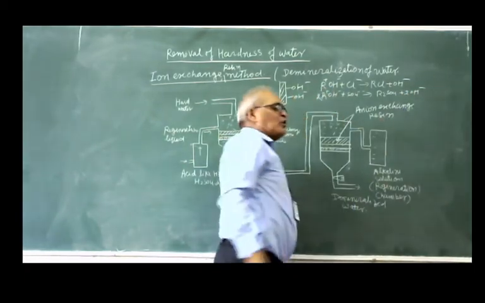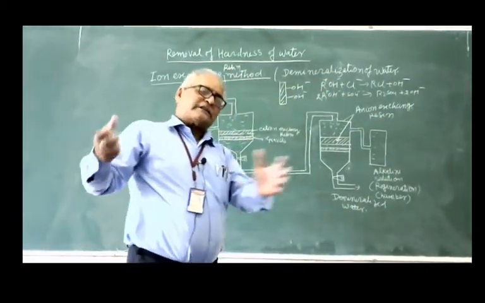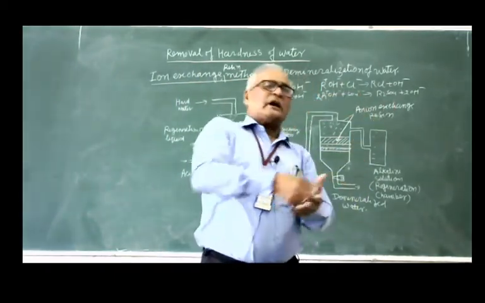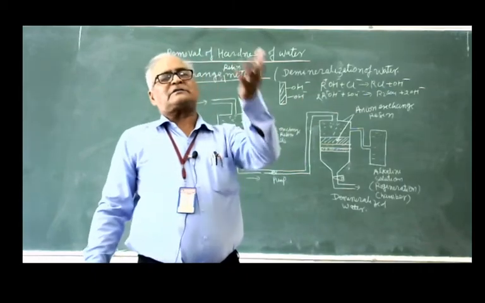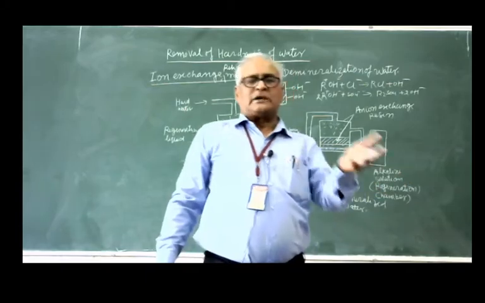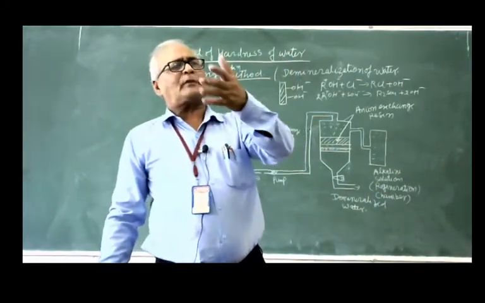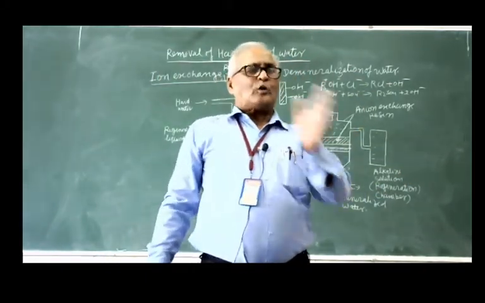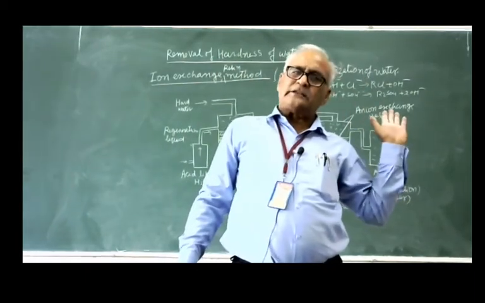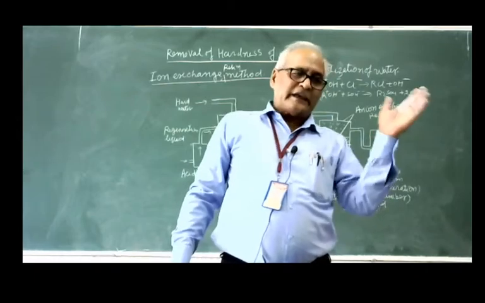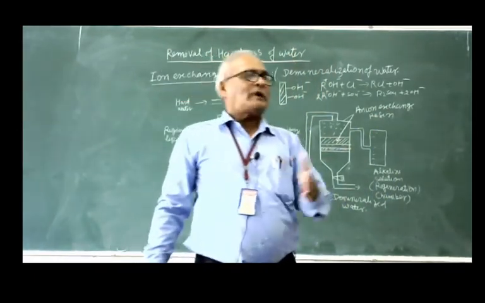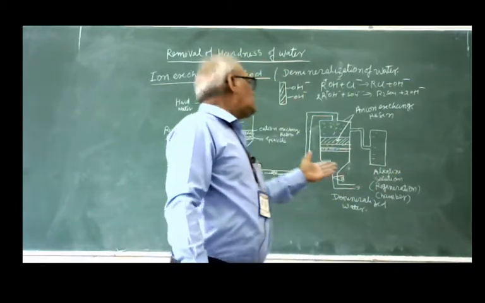So in this way, you will find that all negative ions which are due to dissolution of salts like calcium chloride, calcium sulfate, magnesium chloride, magnesium sulfate, calcium bicarbonate, magnesium bisulfate, all these ions. Calcium and magnesium ions are replaced in the cation exchange resin, they are removed. But negative ions are present in water, so these negative ions are removed by the anion exchange resin in this resin.